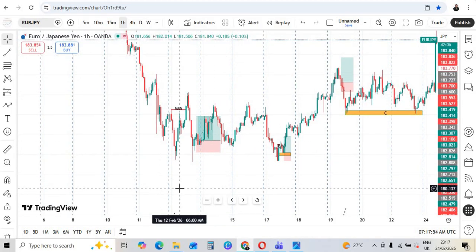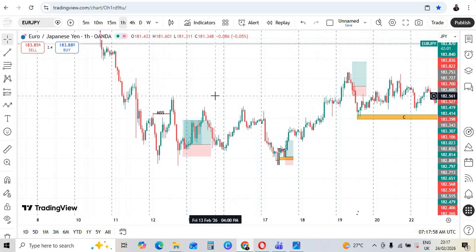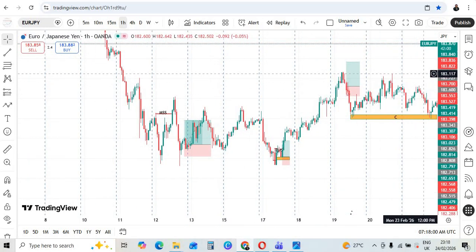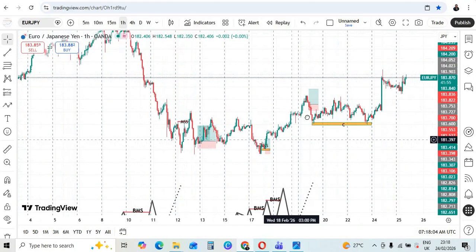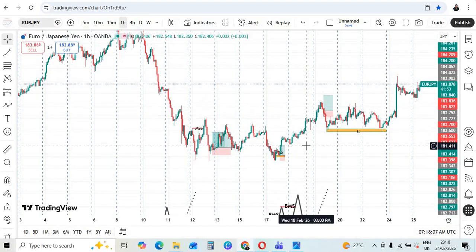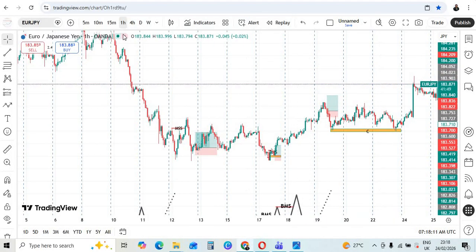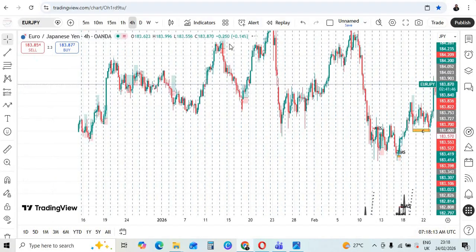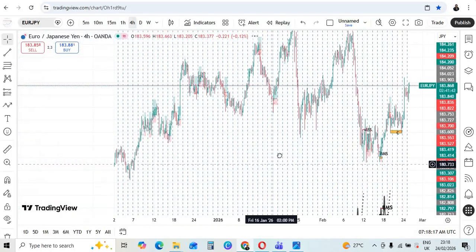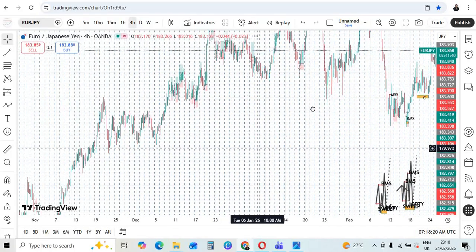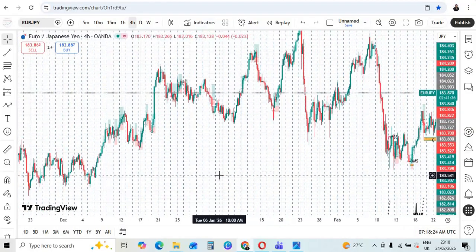So this was the trade I took some days ago. So for Euro JPY, if you look at this trend now, if you want to look at it from the 4 hour time frame, we have been having a bullish trend anyway.